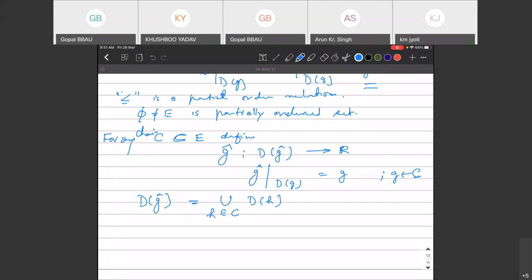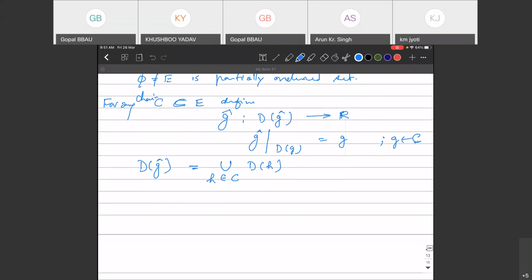Since C is a chain, any two members are comparable.